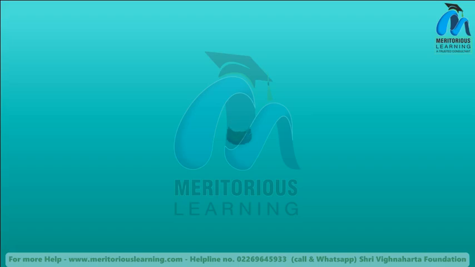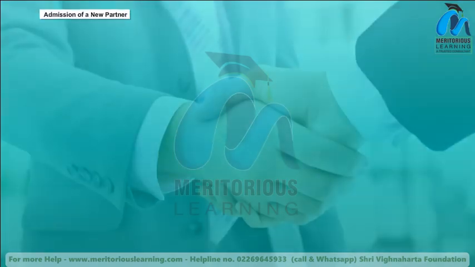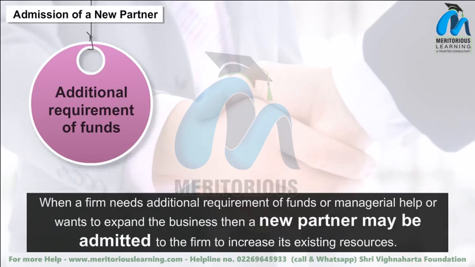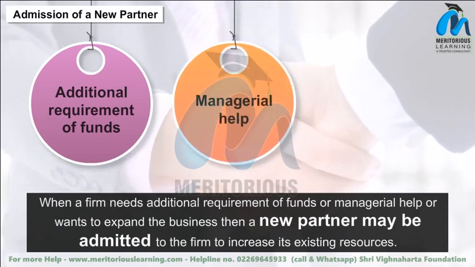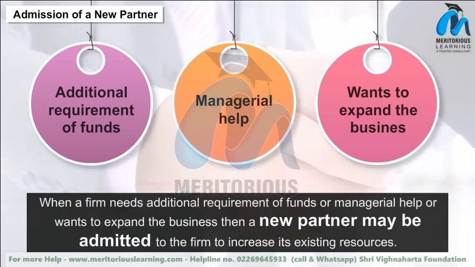Admission of a new partner. When a firm needs additional requirement of funds or managerial help or wants to expand the business, then a new partner may be admitted to the firm to increase its existing resources.